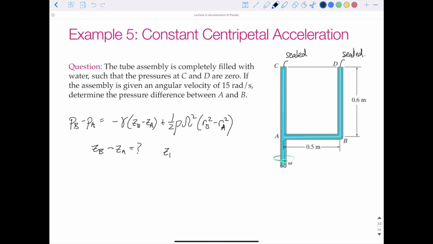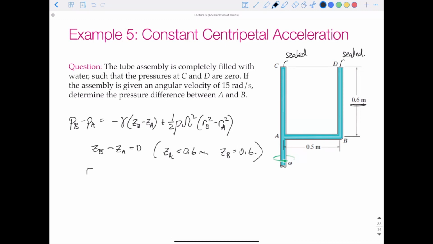Let's start with ZA, might be straightforward. Yeah, ZA is 0.6. It's this distance here. The height of the fluid column above point B is also 0.6. So this quantity is just 0.